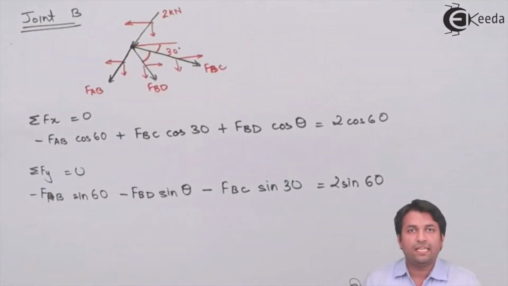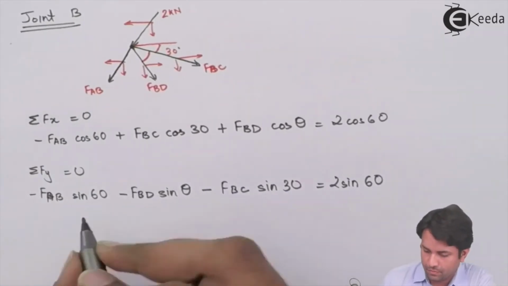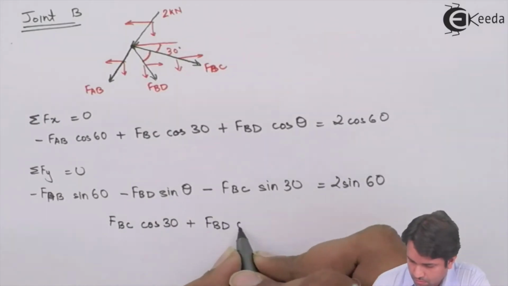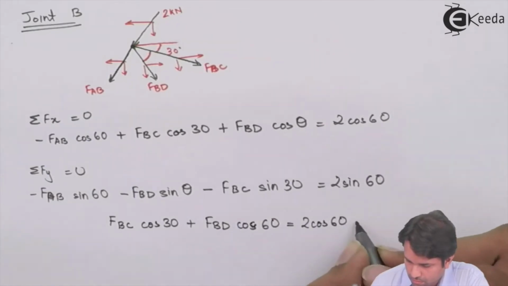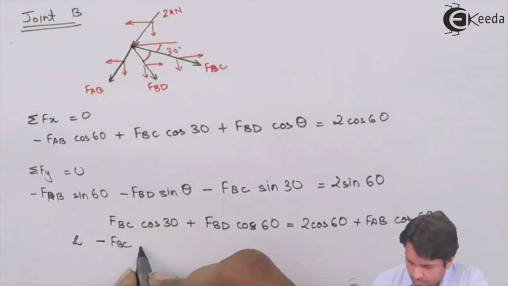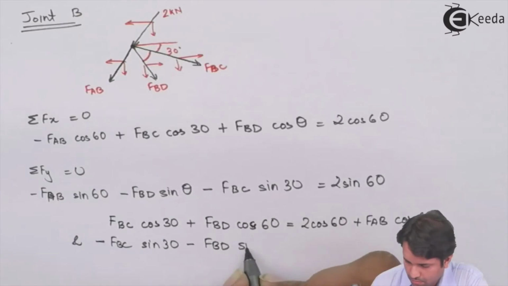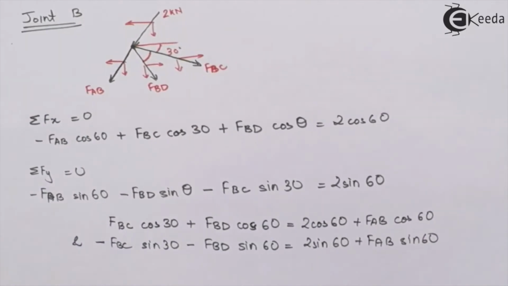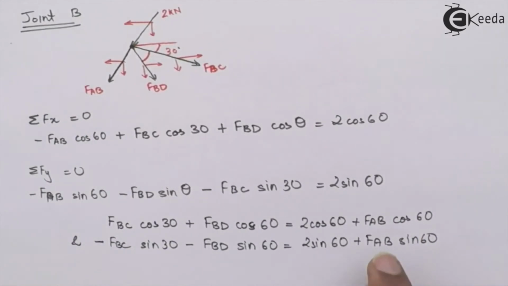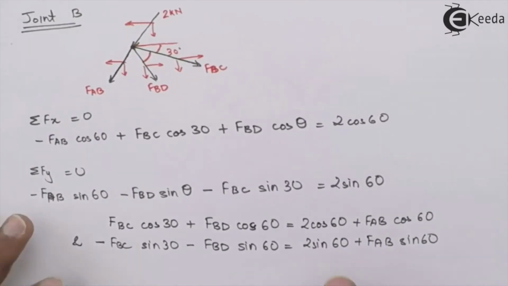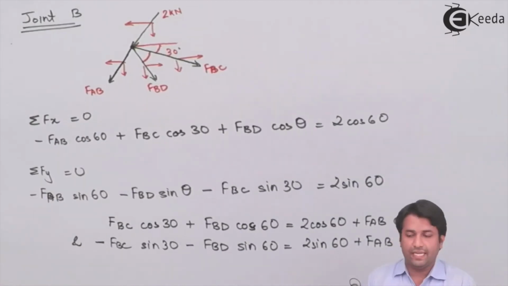Now, we can complete this equation for Fx and Fy. In this equation, if I substitute the value of FAB, that is -4, I can get two equations, and then I can solve the two equations simultaneously to get the values of FBC and FBD.